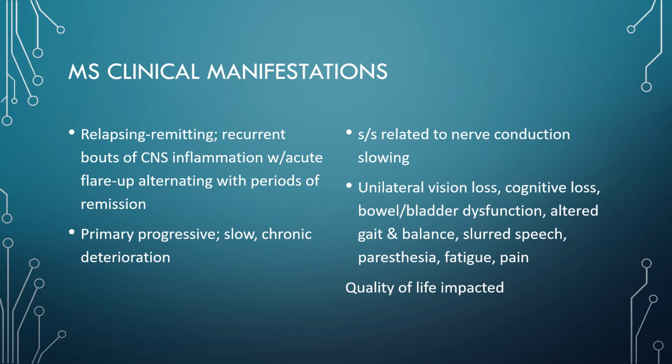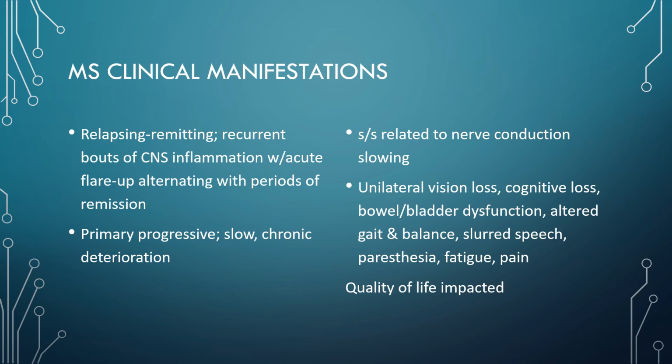Some of the signs and symptoms are all related to that nerve conduction or those nerve impulses slowing. So you can have vision loss, and because nerve damage doesn't happen perfectly symmetrically, what we often see is unilateral or one-sided vision loss, or maybe not complete loss, but like blurriness or dimming or loss of function.